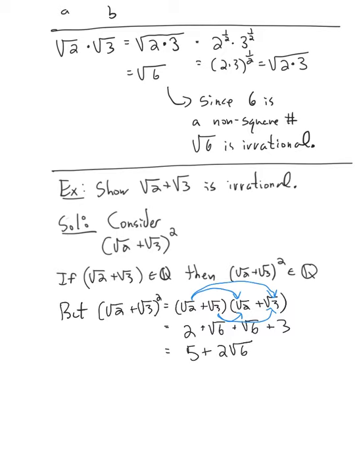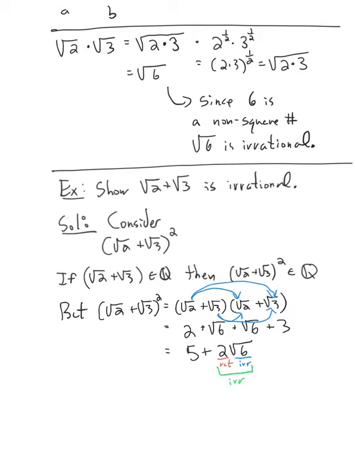But let's look at this. So I know square root 6 is irrational. And 2 is rational. And I know a rational times an irrational gives me an irrational. So I know 2 square root 6 is irrational.